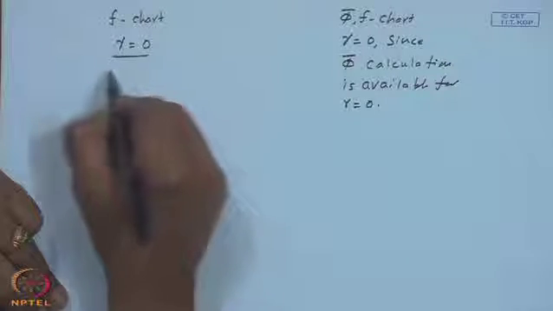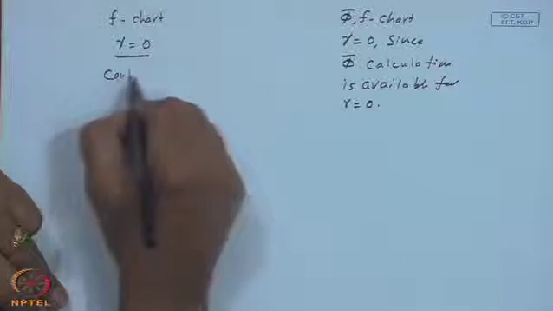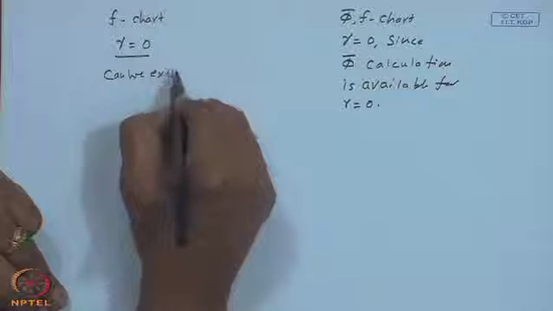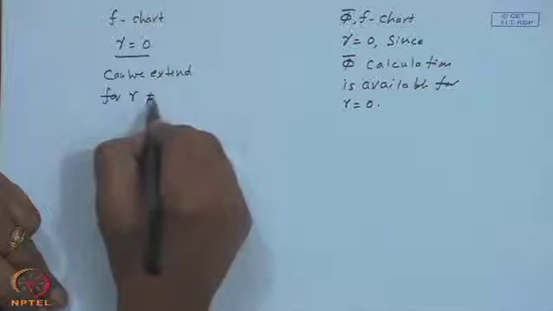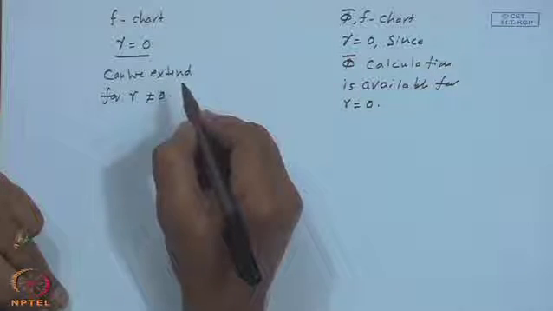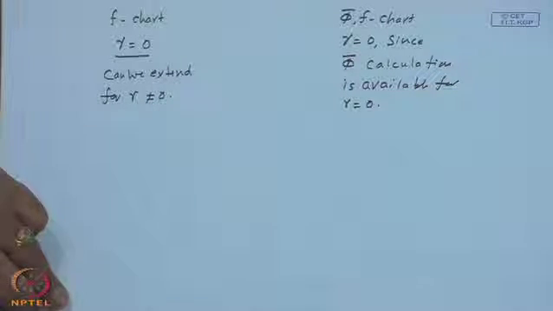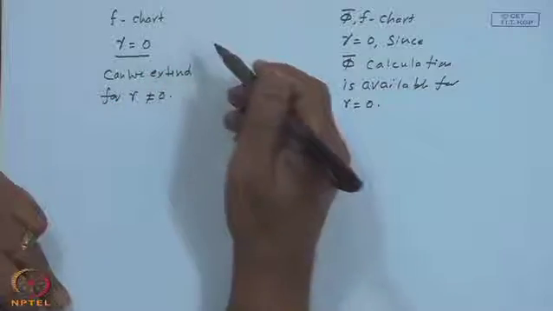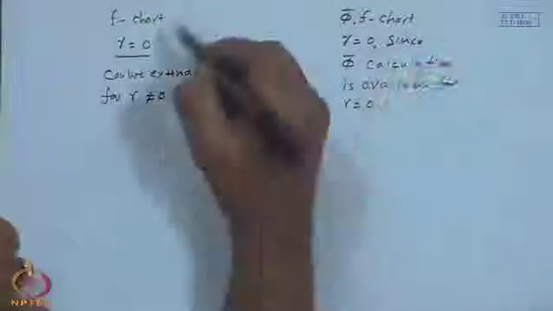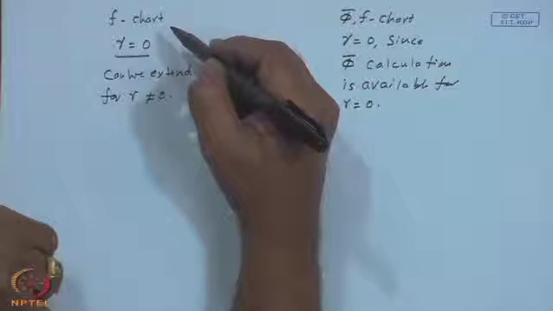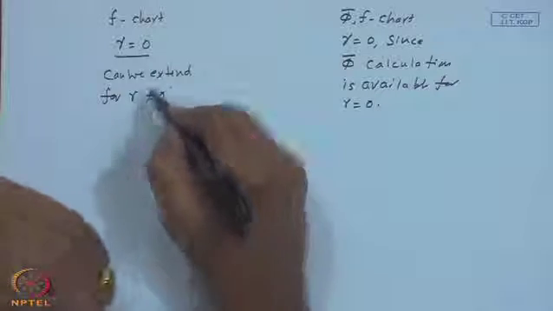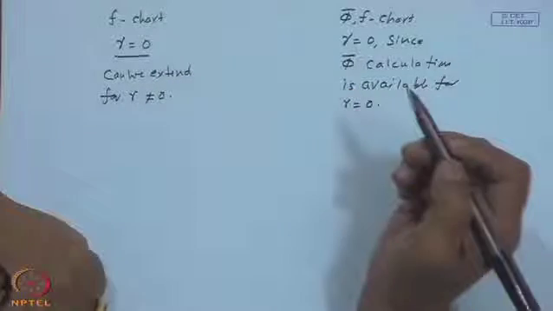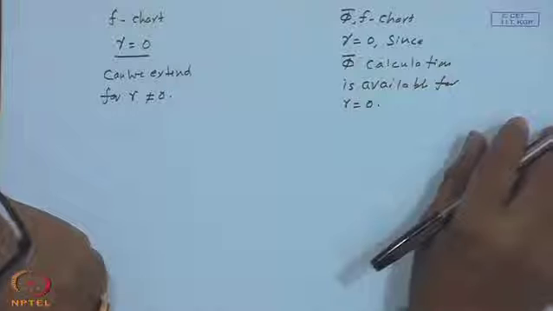Can we extend it for gamma not equal to 0? I just have to check up those parameters. You just see if gamma not equal to 0 is included or not. I have given a table of conditions for beta, phi, etc. So, gamma I just do not recall exactly, it is 0 or can be non-zero also.